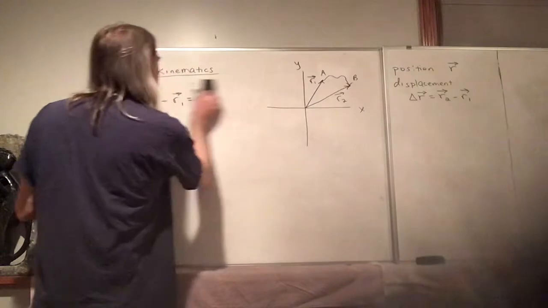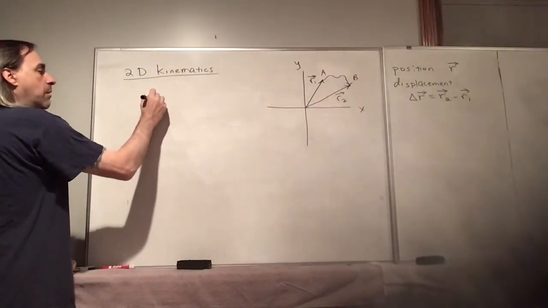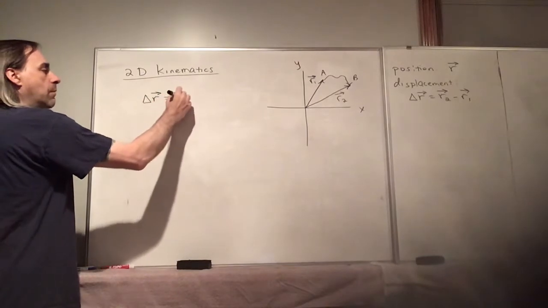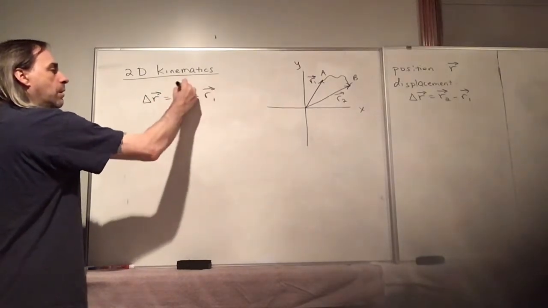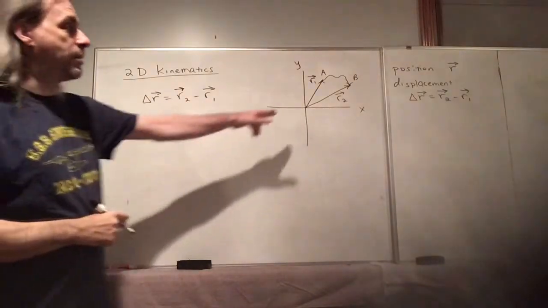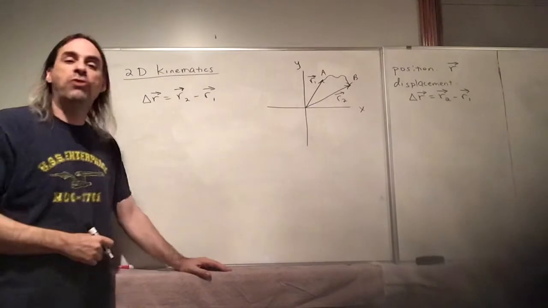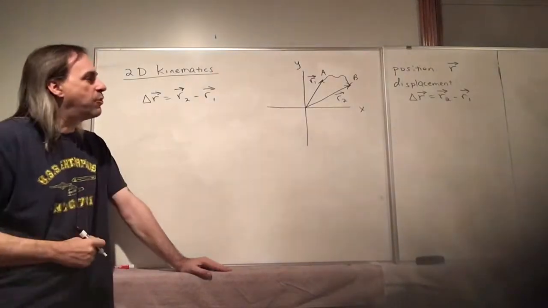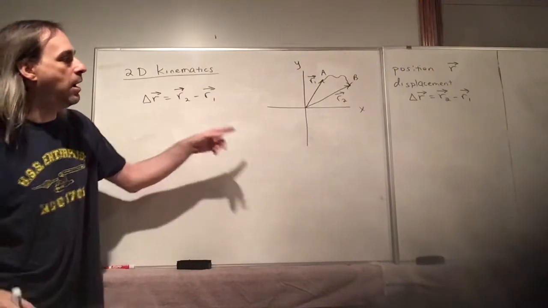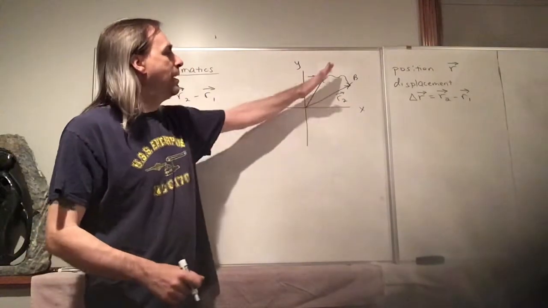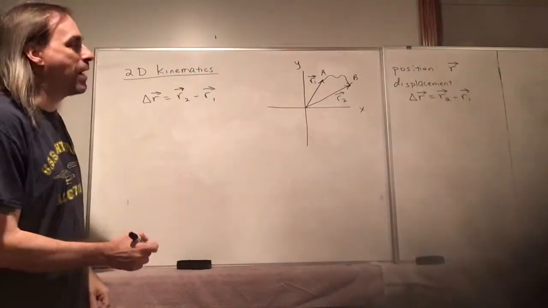Like, let's look at this one: delta R equals R2 minus R1. So we've got two vectors, say these two, R1 and R2, and we want to subtract those. You could do it formally. You could do R2, and then R1 would be exactly like this, except pointing in the opposite direction.